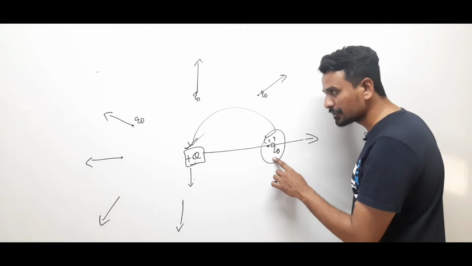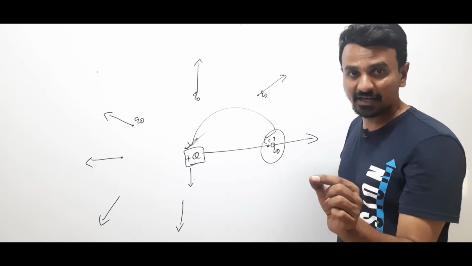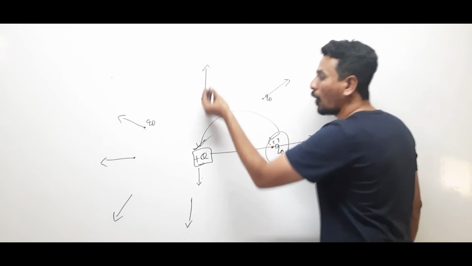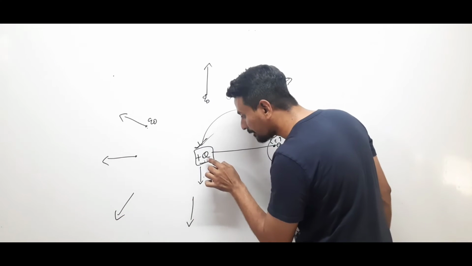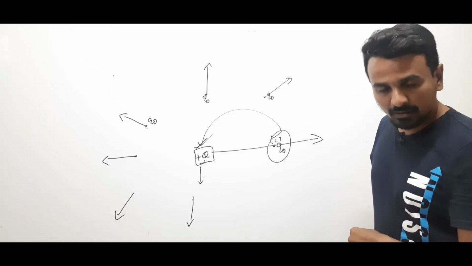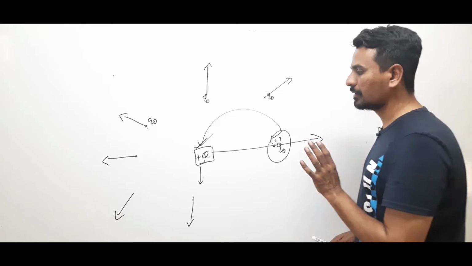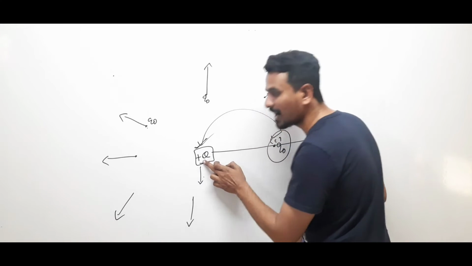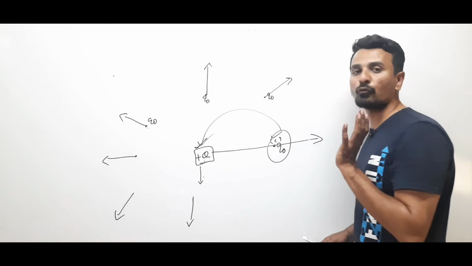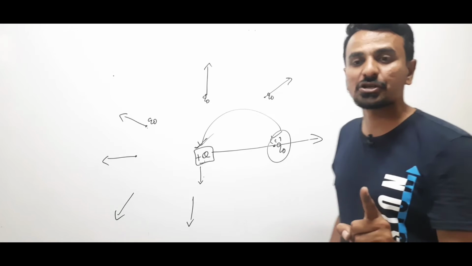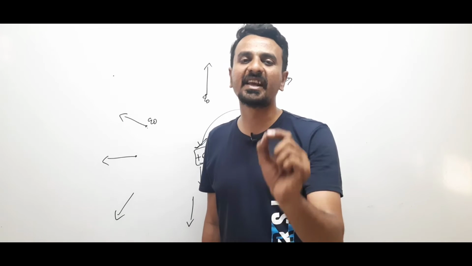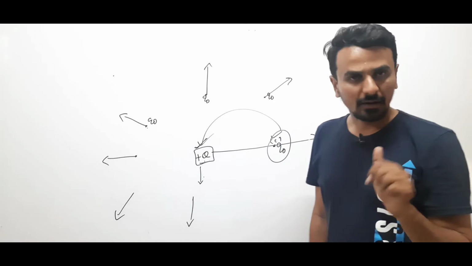The charge Q0, the charge with less magnitude, is experiencing an effect in the radially outward direction because of the field created by this capital Q charge. Done? So one thing is sure, that a positive charge will create a field in the radially outward direction. So the direction of electric field because of a positive charge will be radially outwards.